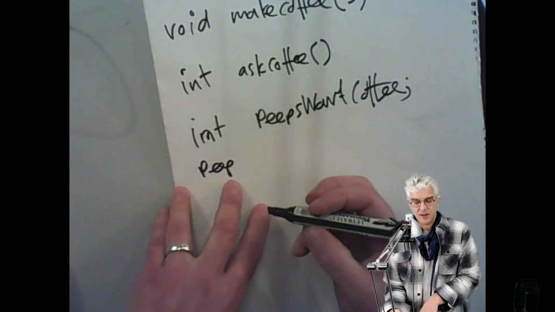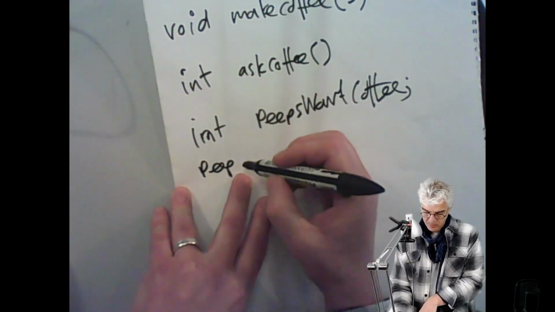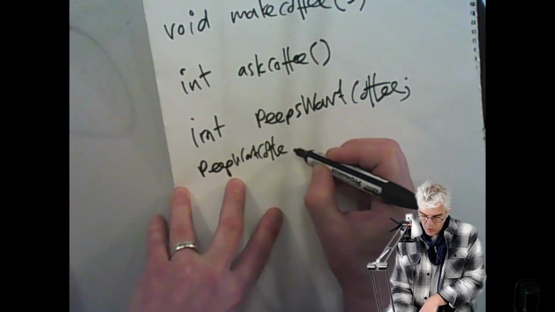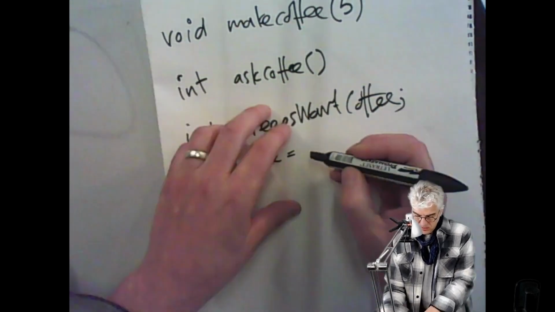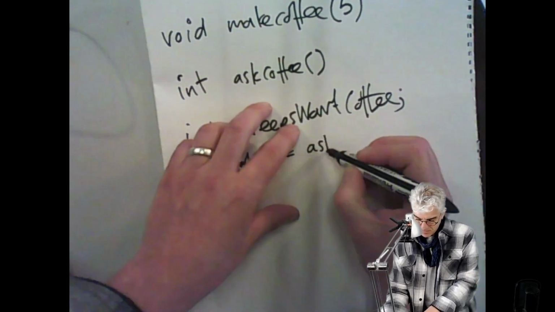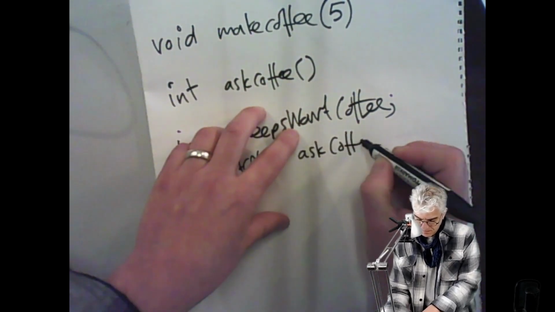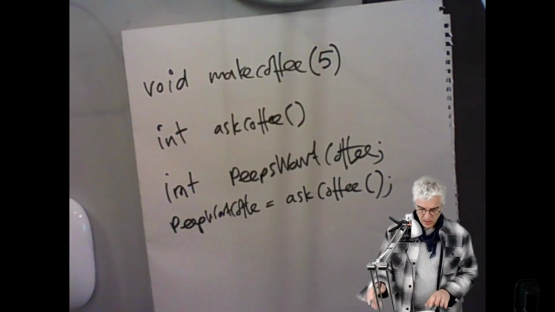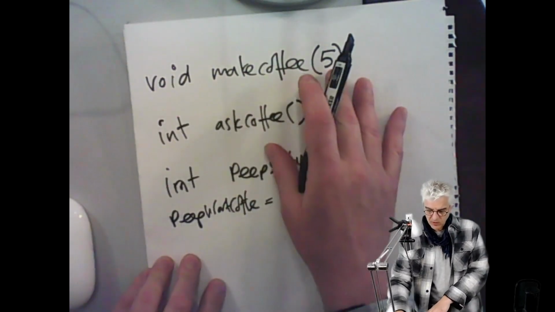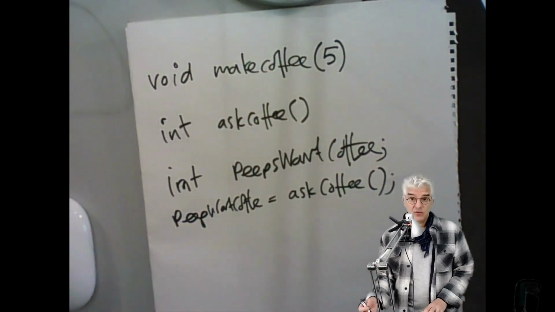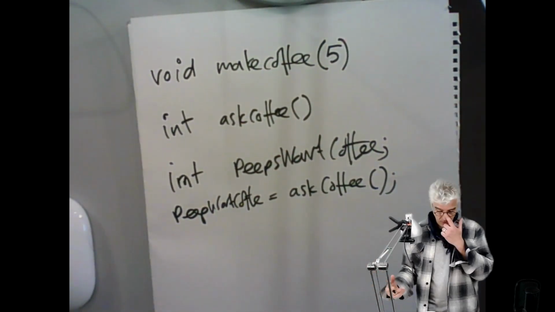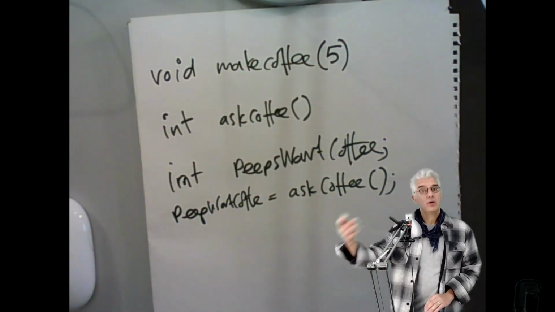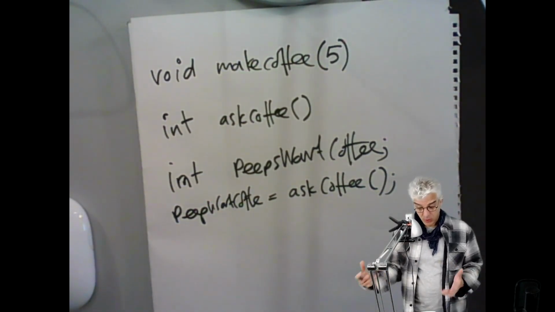I should really come up with shorter variable names or write more neatly. Peeps want coffee equals ask coffee. We can get this function that we've made called make coffee, and we can pass it integers of how many people we want to make coffee for. We could make another function called ask coffee, which returns us an integer, an amount of people that want coffee.